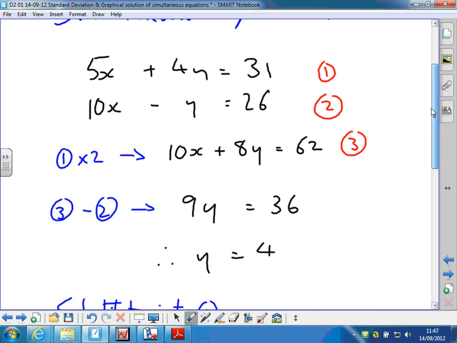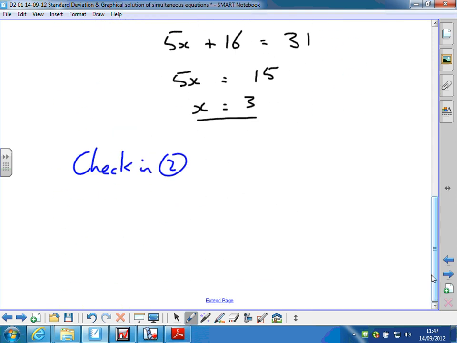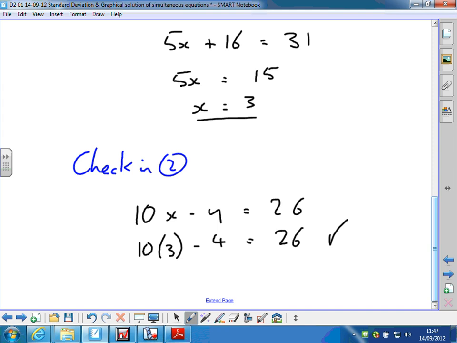What is equation 2? 10x minus y equals 26. So 10x, which is 10 times 3, minus y, which is 4, does in fact equal 26. So I know I'm right.